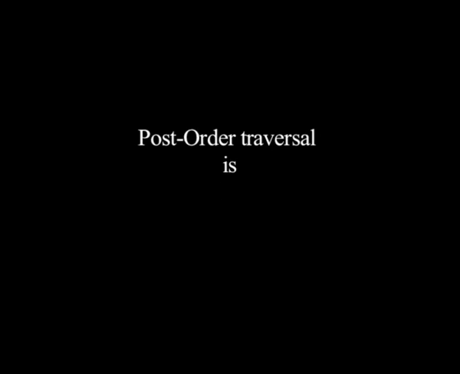Post-order traversal. Now let us discuss the last traversal method, post-order traversal. In post-order traversal, firstly the left subtree is traversed in post-order manner, then the right subtree is traversed in post-order manner, and then the root is traversed. This traversal is also known as left right root traversal.